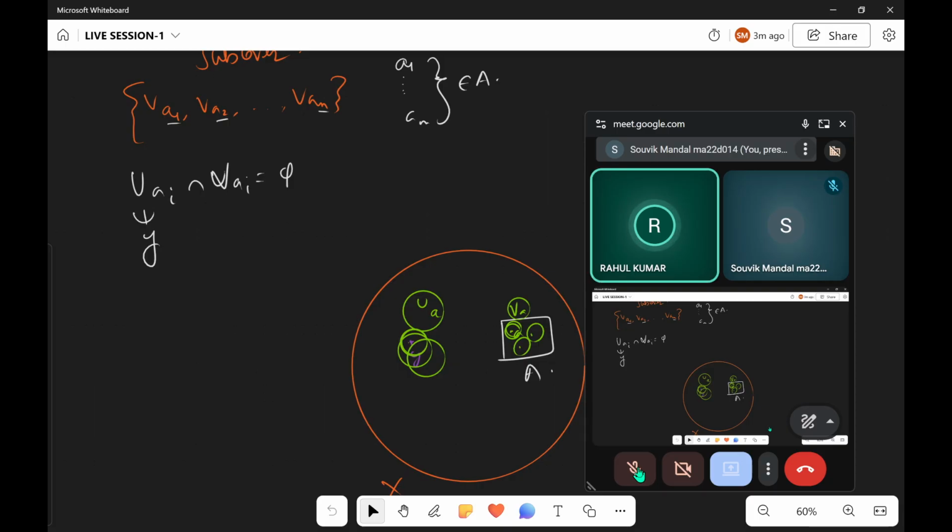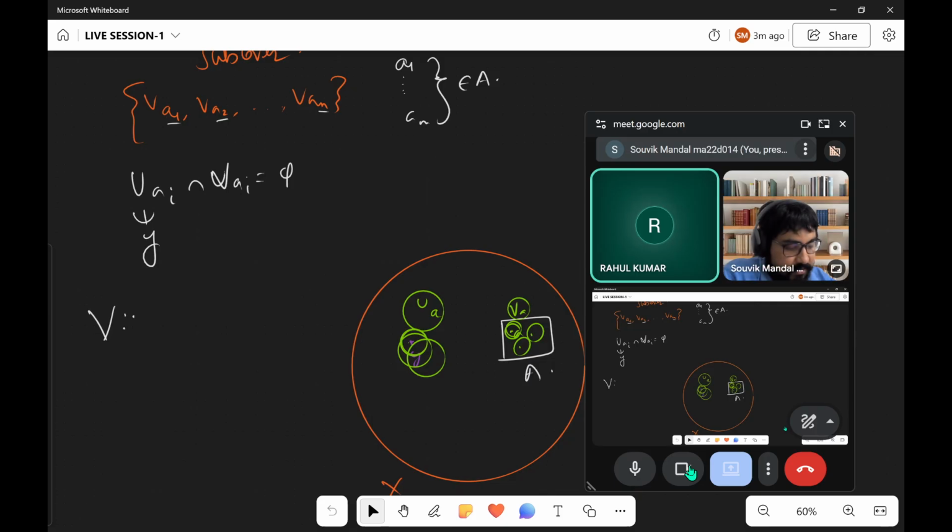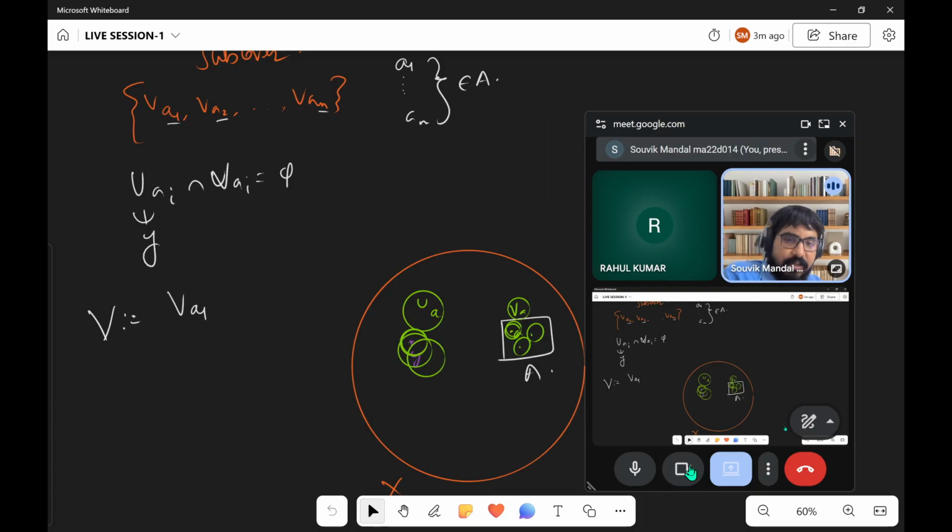So if we took capital V equal to VA1 intersection VA2 intersection ... intersection VAN, and we took an open neighborhood of Y which does not intersect with this capital V, then we get a subset which does not intersect with A. So you are considering taking the intersection of the VAIs, right?